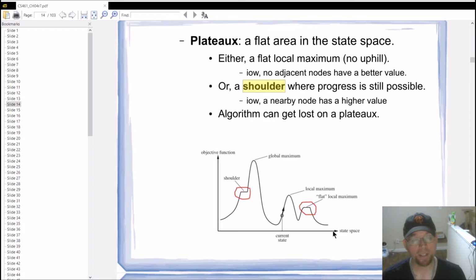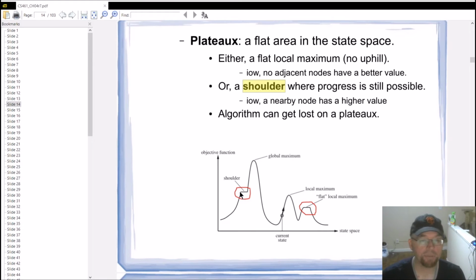Another example of a plateau is a flat local maximum, or minimum if you're trying to find the smallest value. So this is a flat local maximum right here. These are two different types of plateaus, because from the shoulder you could progress if you get past it.